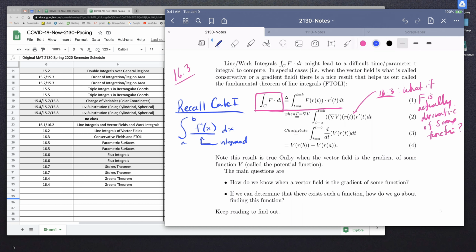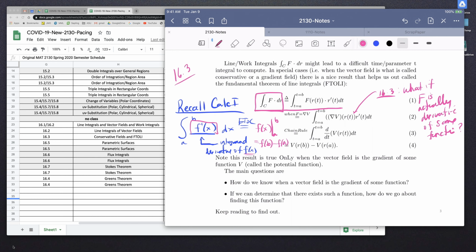So the integrand is, in fact, the derivative of some function f of x. And we knew that there was this thing called the fundamental theorem of calculus that says that the answer to this integral is to evaluate the antiderivative of the integrand, the function that you can take the derivative of to get the integrand here. So that's f of x, and we need to evaluate from a to b. So that will be the antiderivative evaluated at b minus the antiderivative evaluated at a.